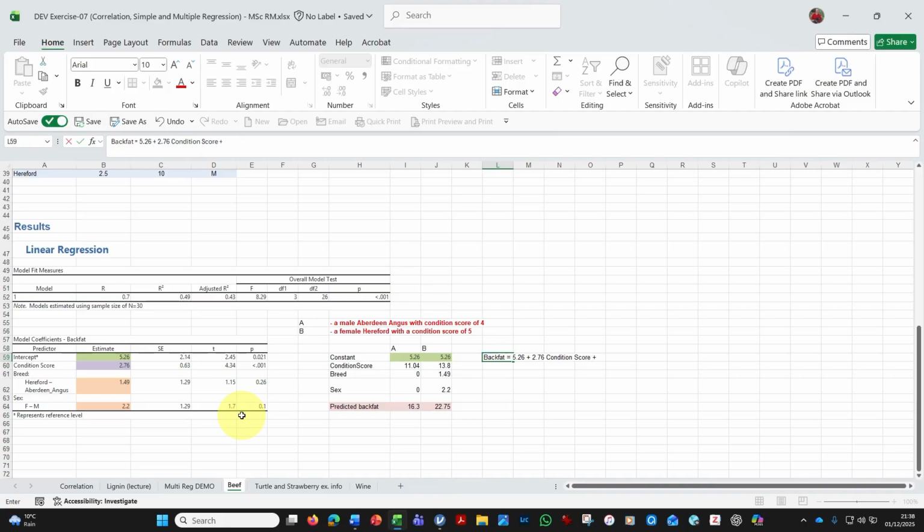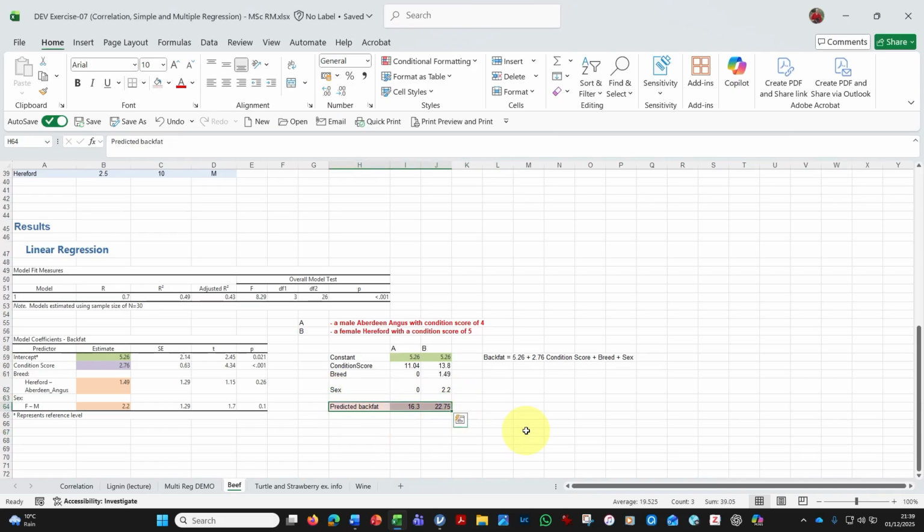So that's 2.76 times condition score, plus, then we've got the breed, plus breed, which is either 0 or 1.49, depending on which breed it is, plus the sex of the animal. And that's our answers. There's our predictions.